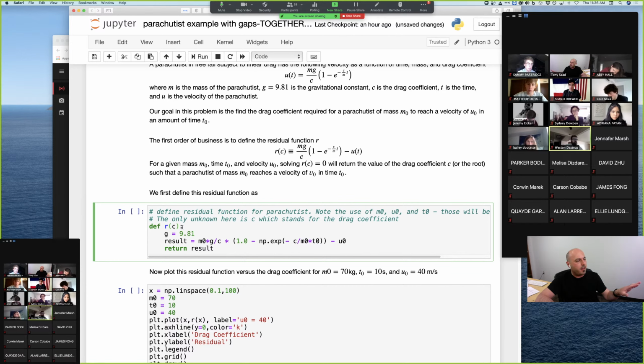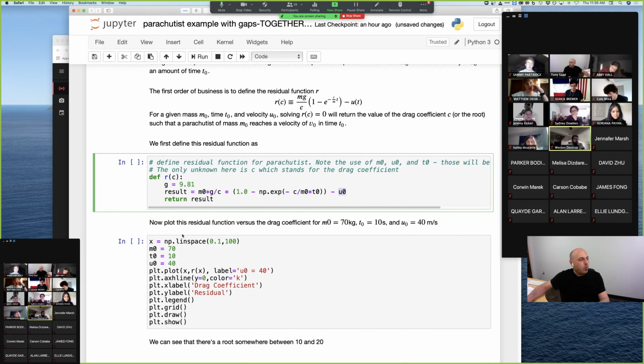So assume now that those m0 and u0 and t0, their values given to you, are specified globally, such that this function, when it sees m0 anywhere in the code, is just going to use that value. And that's why I called it m0, u0, and t0, to indicate that those are user specified values. So those are not arguments to the function. Okay, they are going to be fixed.